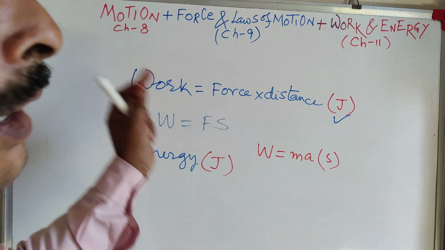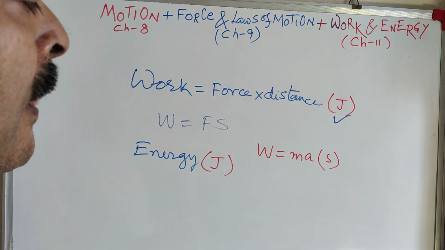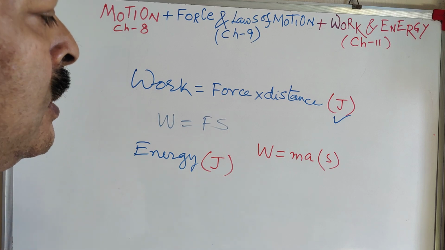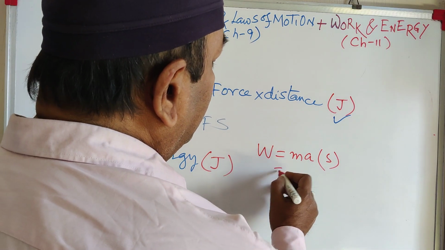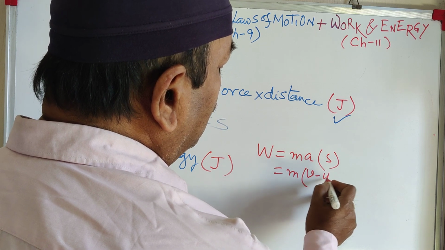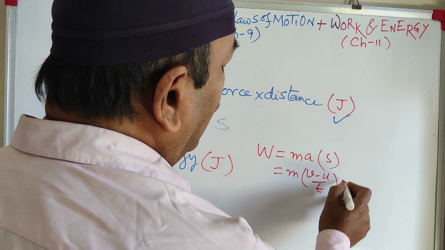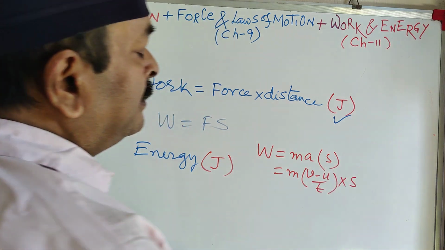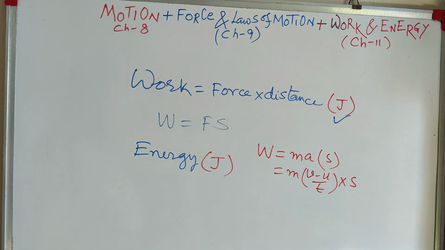So we can make the link with the previous chapter. Clear? Now this A can also be written as V minus U upon T, and that into S. This is the complete formula you can write like this.